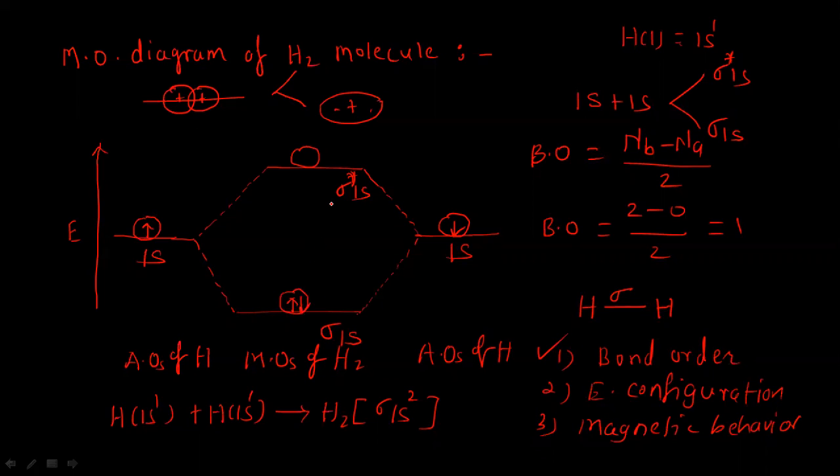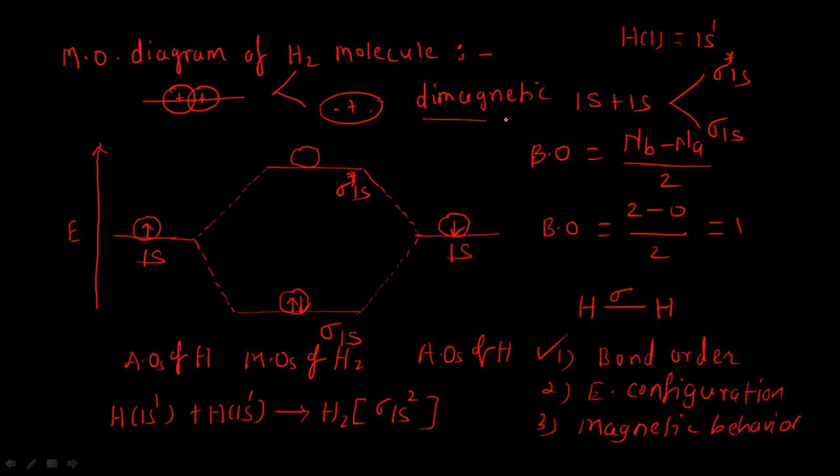And if the molecule has an unpaired electron, then it is paramagnetic. But the hydrogen molecule has all electrons paired, therefore it is diamagnetic. So the hydrogen molecule has diamagnetic behavior.